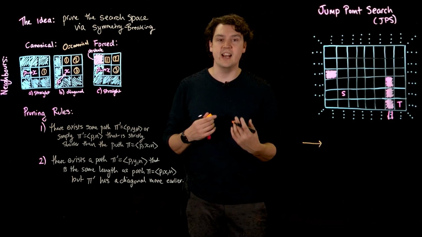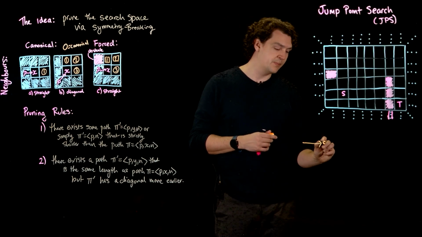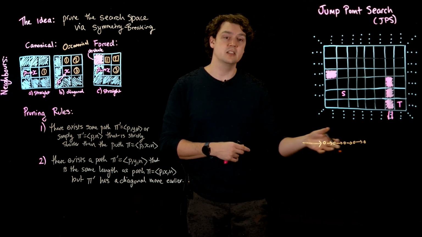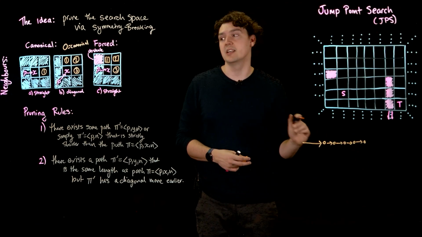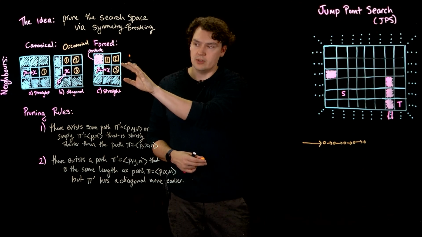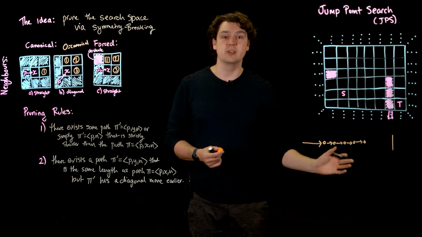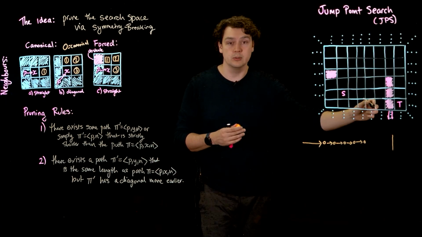We never have to consider anything else, right? We continue. Every time you reach a new node, you just keep looking to the next node in a straight line. This is the bread and butter of JPS. The only time we ever need to stop is if we hit the edge of the map and we can confirm, oh look, the edge of the map or an obstacle, right?